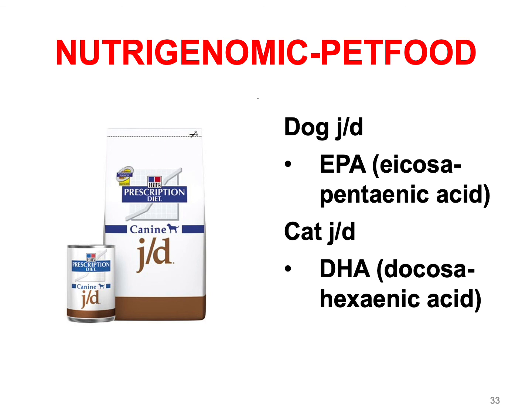J stands for joint, because they are against the arthritis and joint problems of the dog and cat, and they contain either eicosapentaenoic acid or docosahexaenoic acid in case of the cat. Both have anti-inflammatory effect based on the Nutrigenomics.